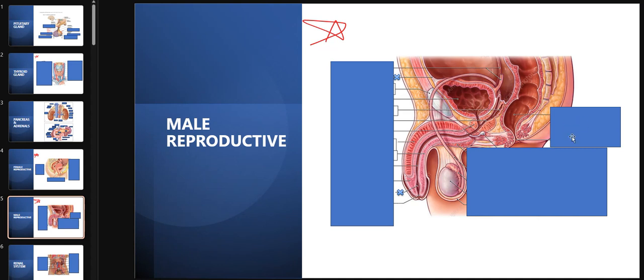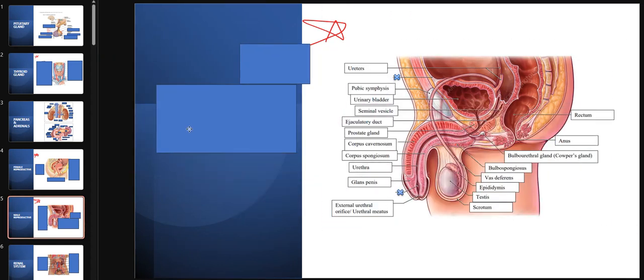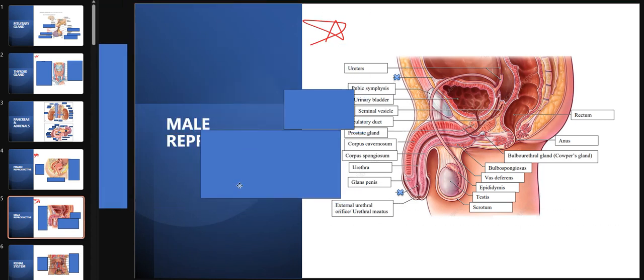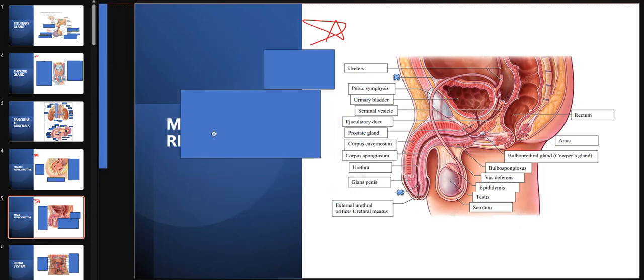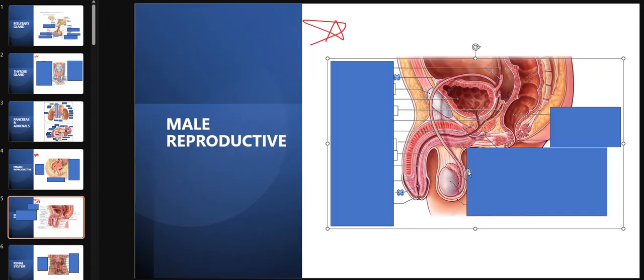Over here we have rectum, anus, bulbourethral gland or Cowper's gland, and then right here bulbospongiosus, vas deferens, epididymis, scrotum, testes. External urethral orifice, urethral meatus. Okidoki. Corpus cavernosum, corpus spongiosum.